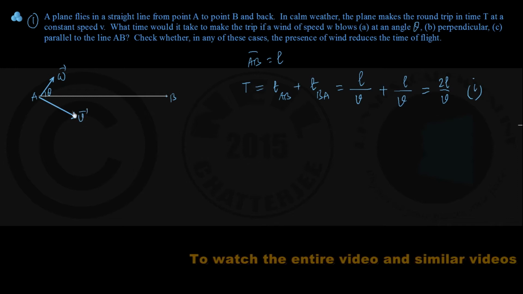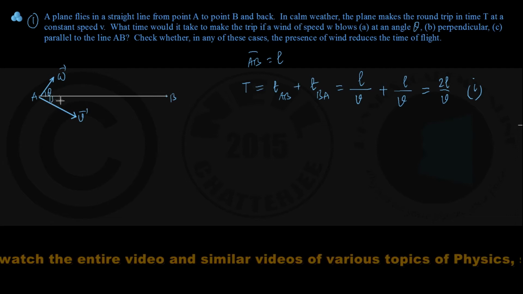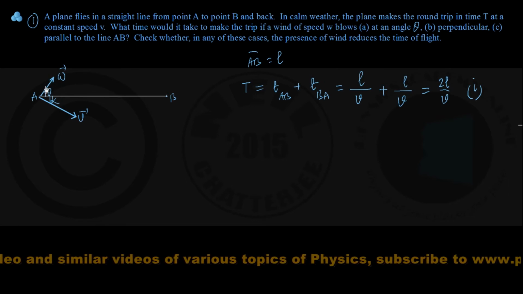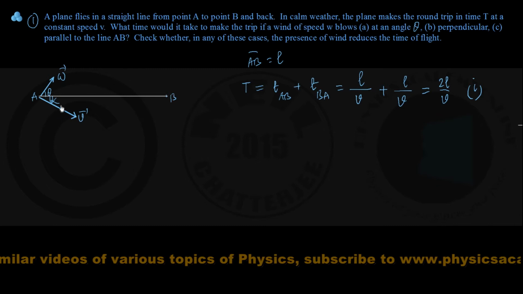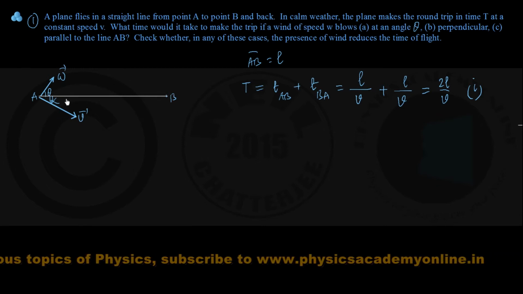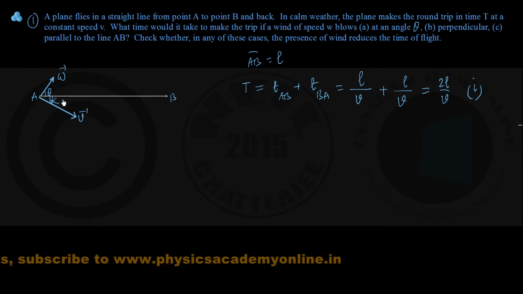This V is no longer along the line AB, but at an angle, say alpha, with the direction of AB, so that the components of W and V perpendicular to the line AB cancel each other out, so that there is no net component of the resultant velocity of the plane perpendicular to the line AB.